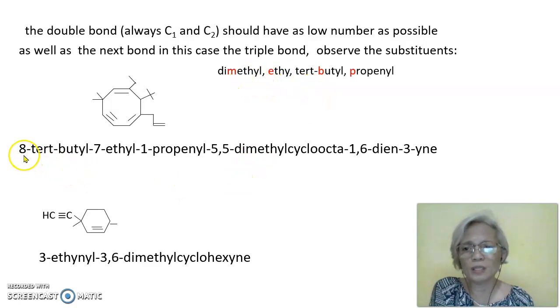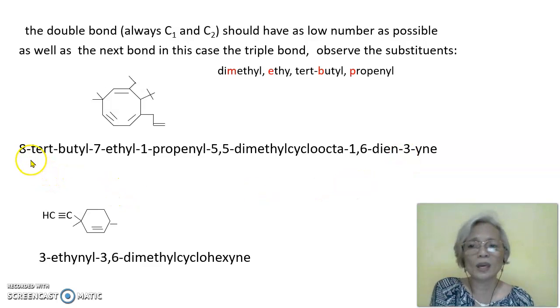So we call this 8-tert-butyl-7-ethyl-1-propenyl-5,5-dimethylcycloocta-1,6-dien-3-yne. Okay? So let me repeat that.